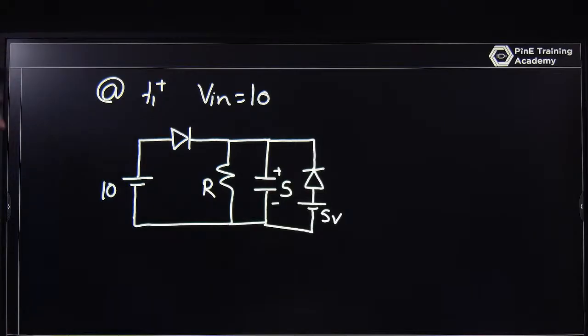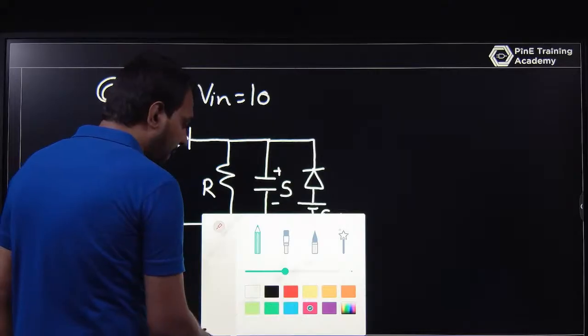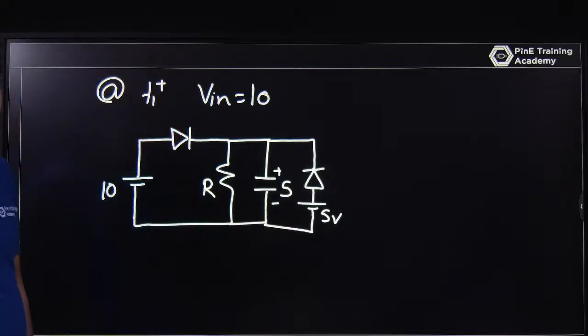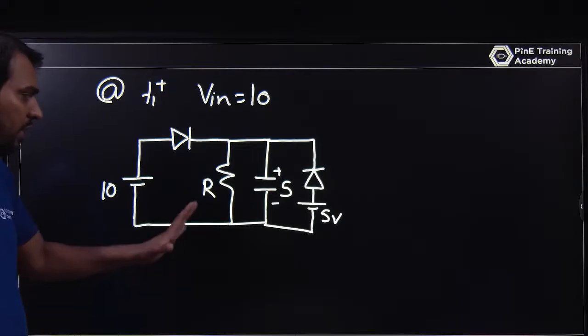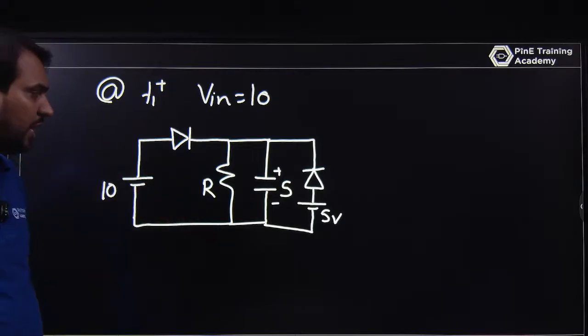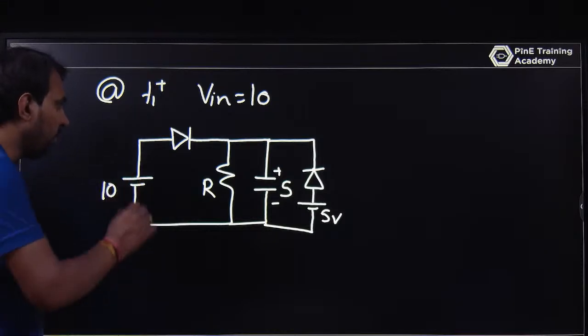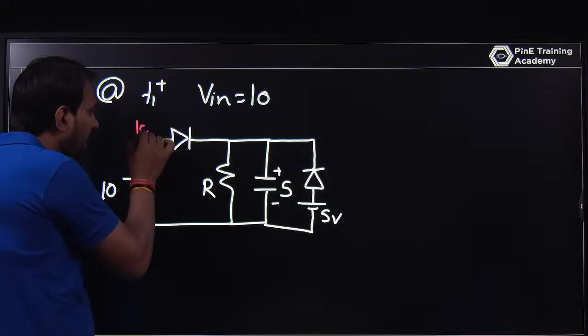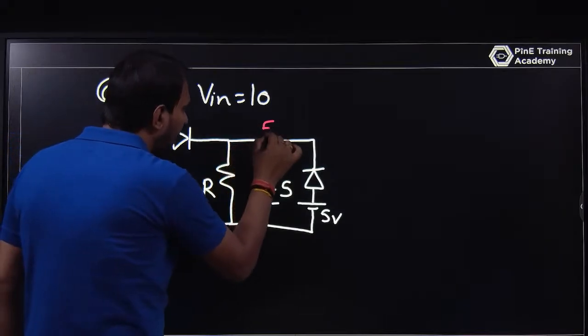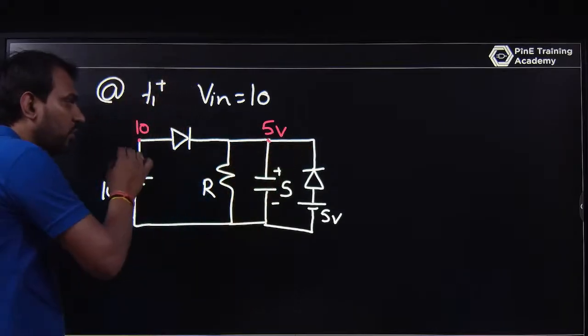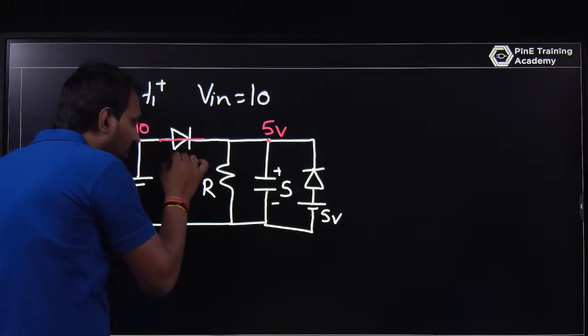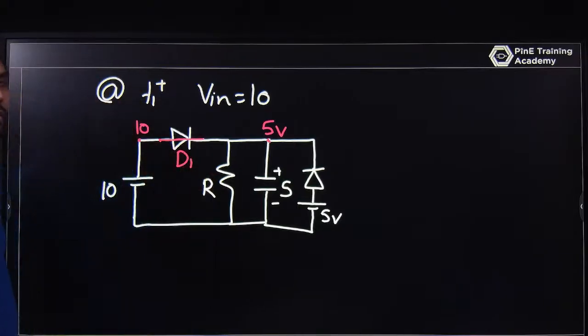If you look at this circuit, as we know, a capacitor does not allow a sudden change. Of course, the capacitor will not allow a sudden change. It will maintain that VC at T1 plus is equal to VC at T1 minus. But what is happening here? When you have 10 volt here and 5 volt here, of course D1 will be forward biased.